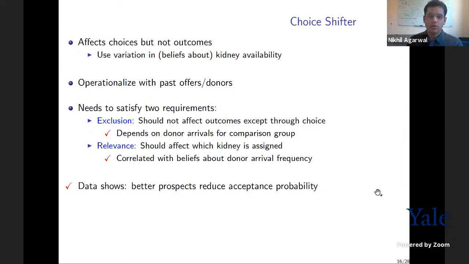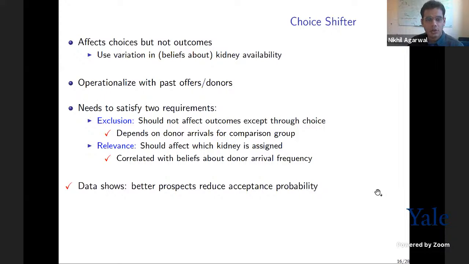So we will think about the past offers and donors that were made to a patient who had the same blood type, signed up in the same region as me, okay? But the offers that were made in the past year to patients of that type, okay? And so if the past is predictive of the future, then these patients might make different decisions in response to this measure of scarcity, and therefore might end up with different transplants.